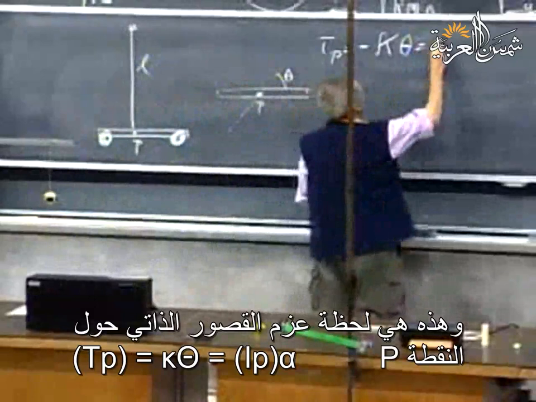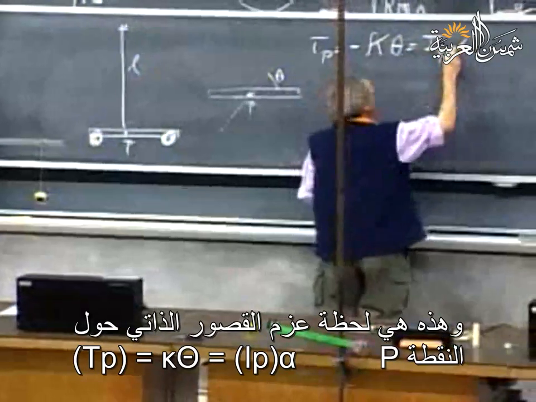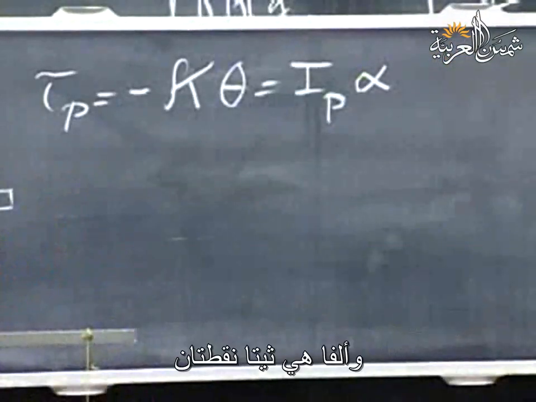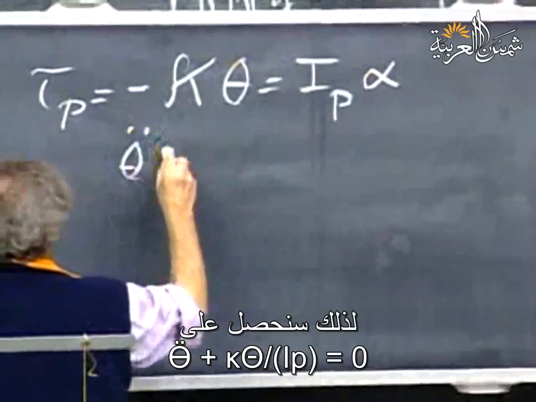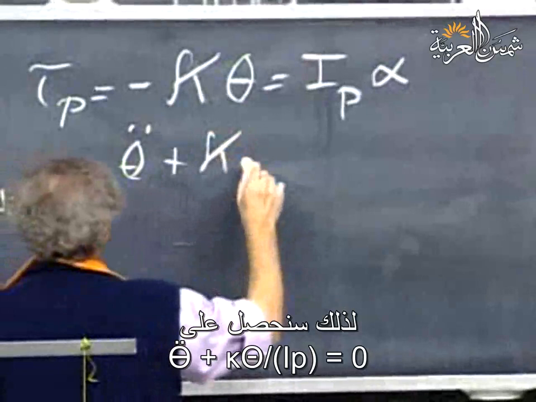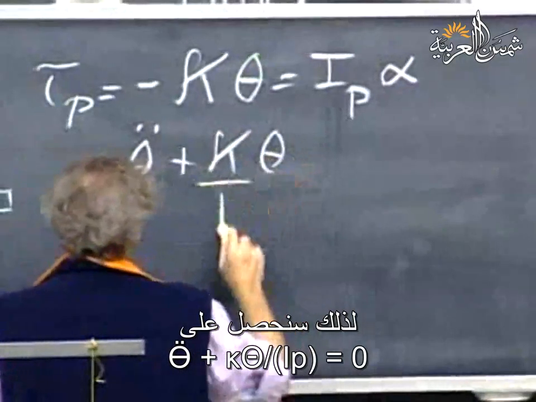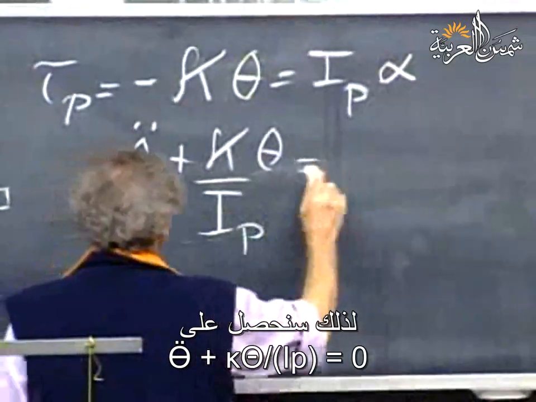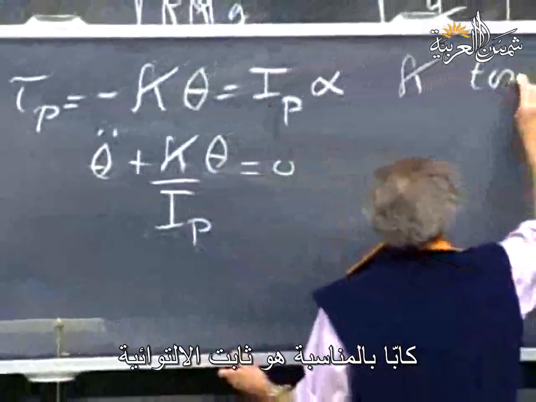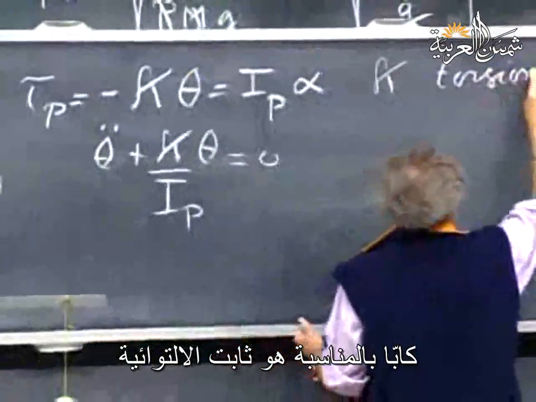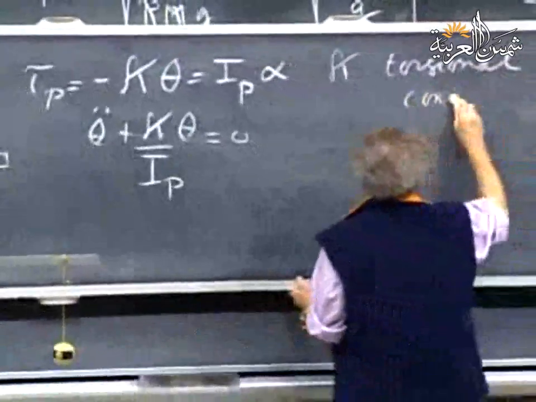And this is the moment of inertia about point P times alpha, and alpha is theta double dot. So we're going to get theta double dot plus kappa times theta divided by I_P equals 0. And kappa, by the way, is the torsional constant.